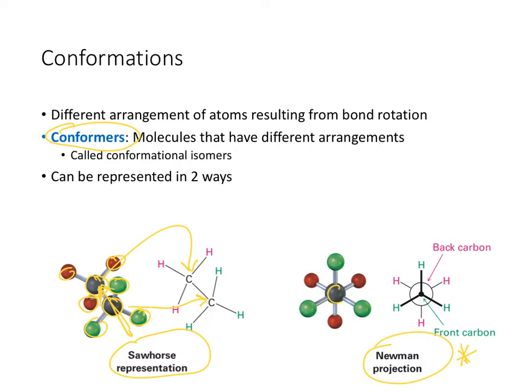And so this would be the front carbon, which is represented by this intersection of 3 lines, and then the 3 hydrogens that are in green are bonded to it. And then the back carbon, which is hard to even see from this view, is represented by a circle behind that, and then the hydrogens in red are attached to it.